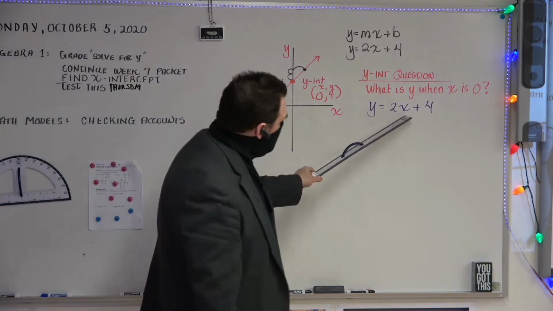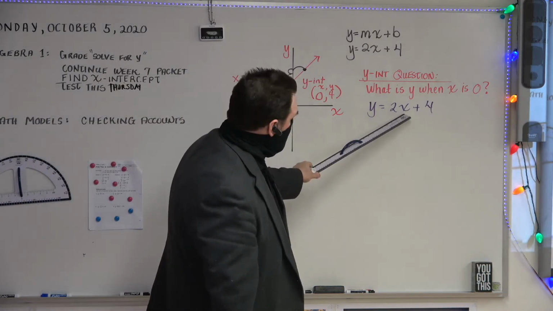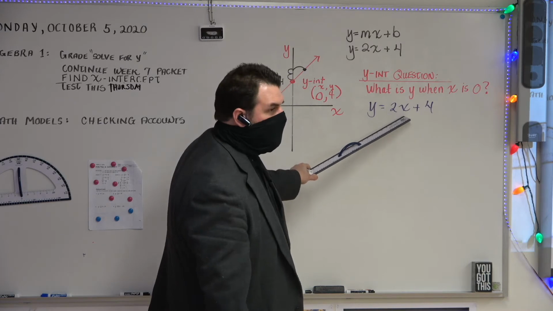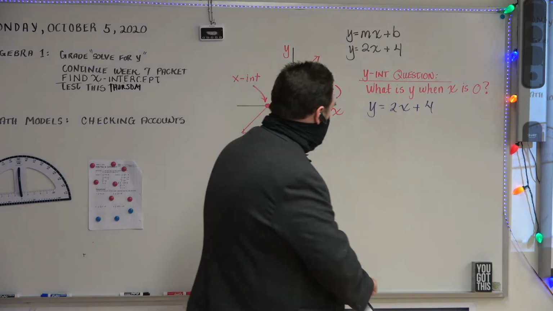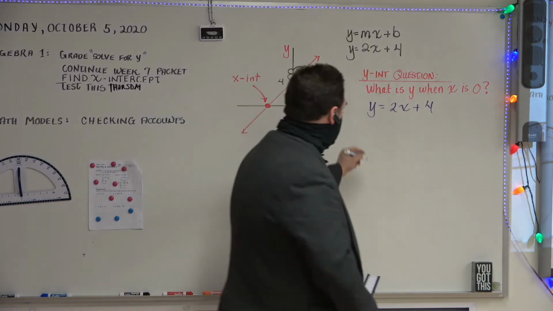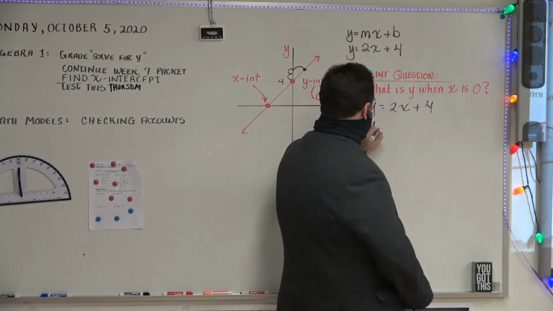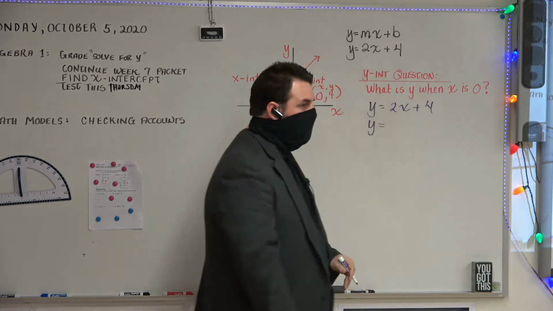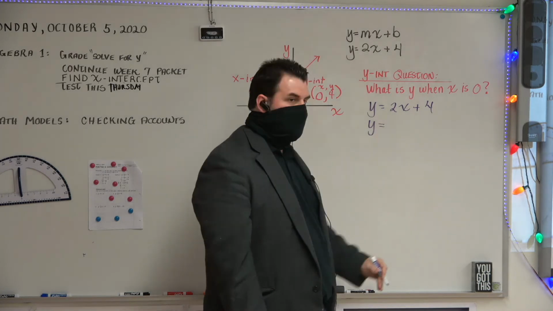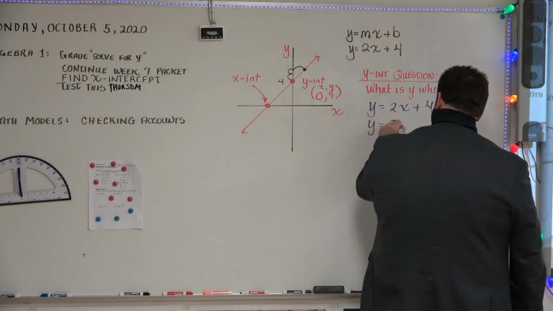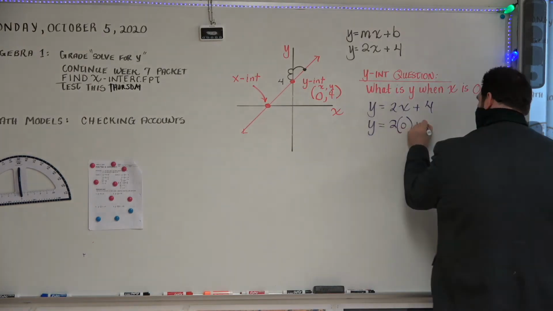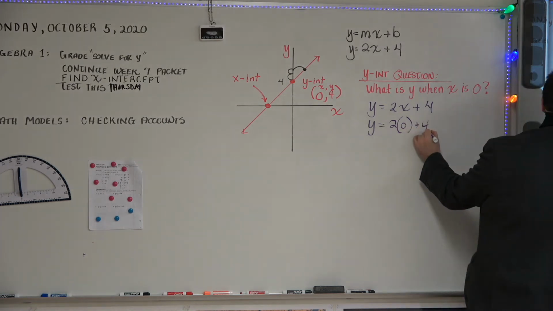So I need to go in here and replace that x with a 0. The way I do that is going to mean everything. I'm not just going to put a 0 there and make it look like it says 20 plus 4. I'm going to do 2 times 0 plus 4. Write it that way.